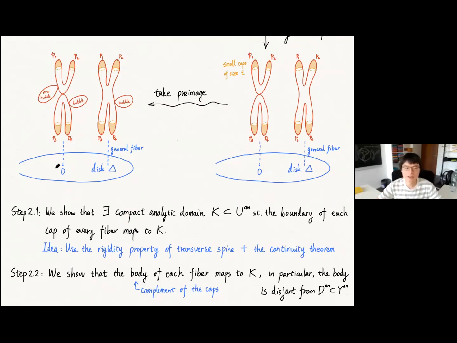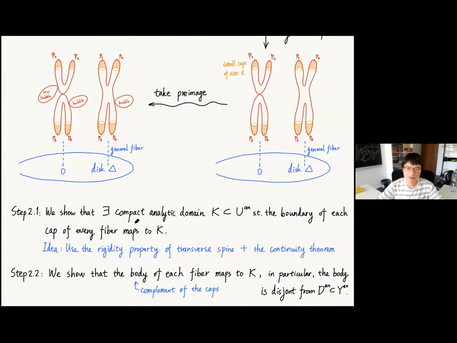Because our goal is to show that the central fibers still have correct intersection numbers with the boundary divisor D, we want to prevent bubbles inside the body from moving to the boundary.